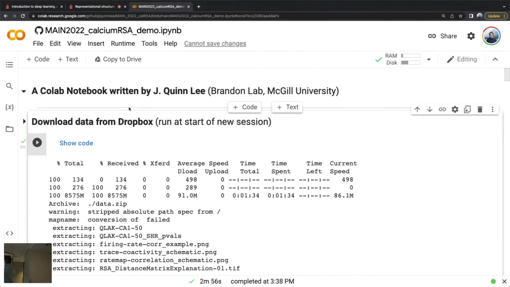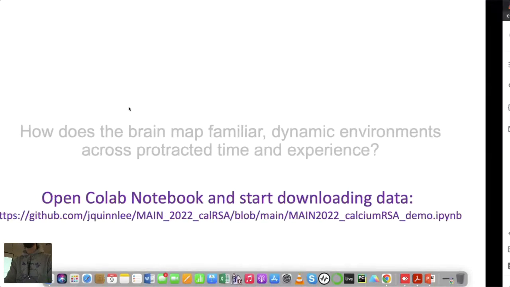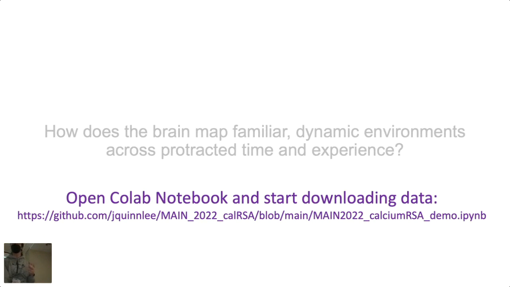You want to run this first kernel, and it took me 1 minute and 34 seconds to download this data. I think there are 900 neurons over a month of 40-minute daily recordings that you're going to download in here. Okay. So if you could just run that kernel and get things rolling, that would be great.